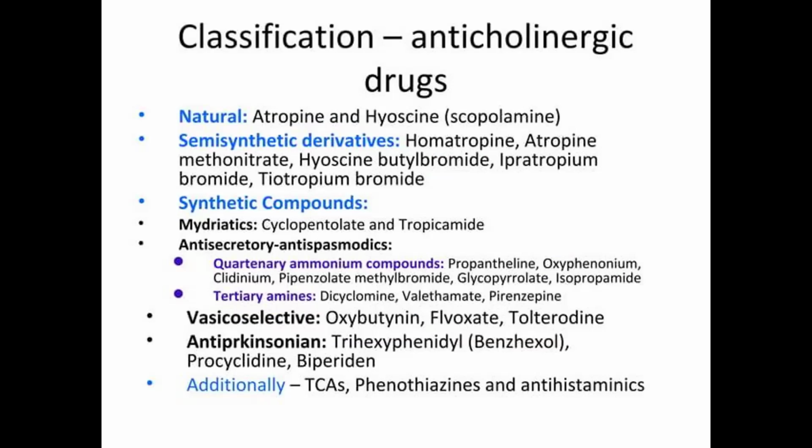We have atropine, hyoscine or scopolamine. Then we have homatropine, atropine methonitrate, hyoscine butylbromide, ipratropium bromide, tiotropium bromide. They are all semi-synthetic derivatives. Then we have mydriatics, which dilate the pupil, cyclopentolate and tropicamide, very good drugs used in ophthalmic procedures.